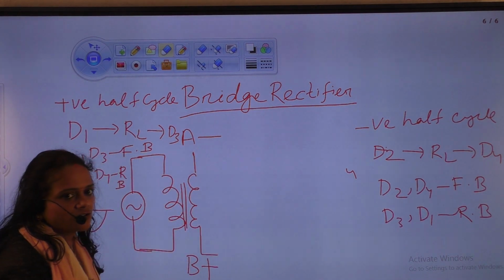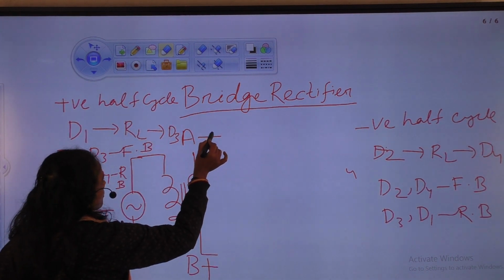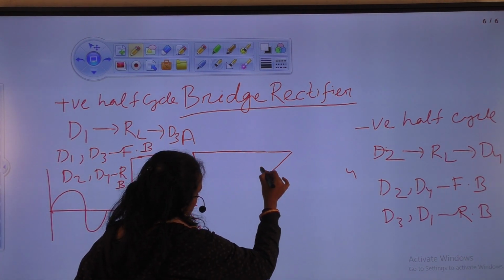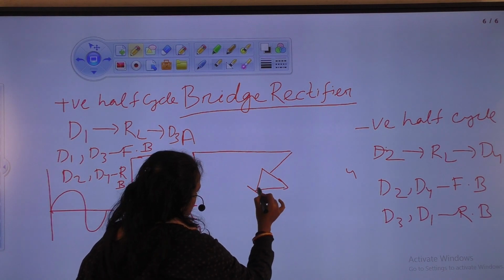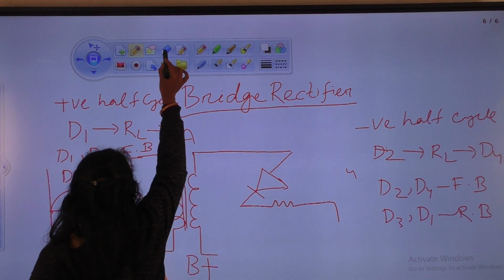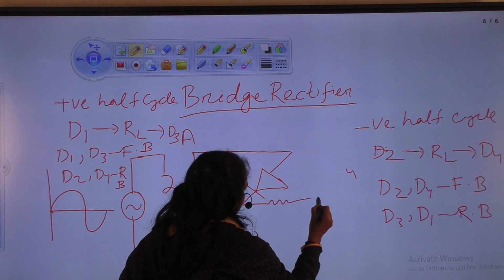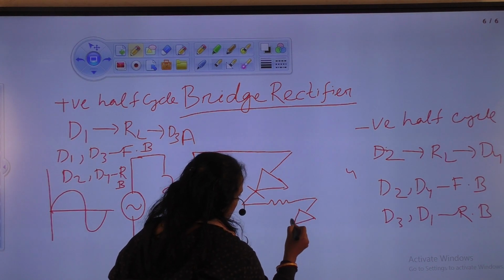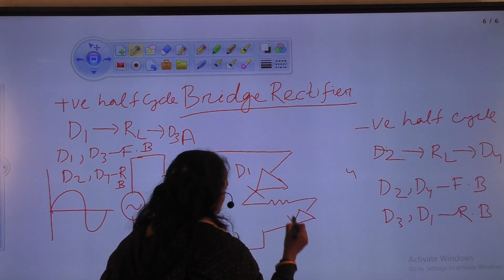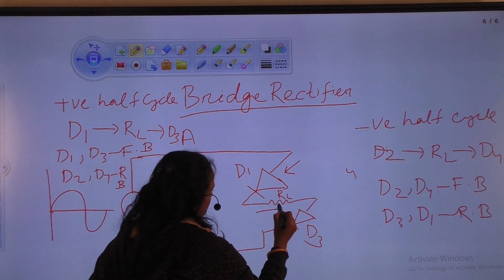So first we draw for positive half cycle. So for positive half cycle, the circuit looks like D1, D3, RL like this.